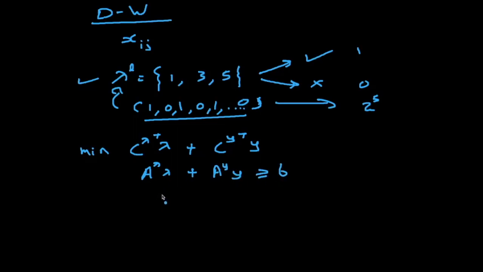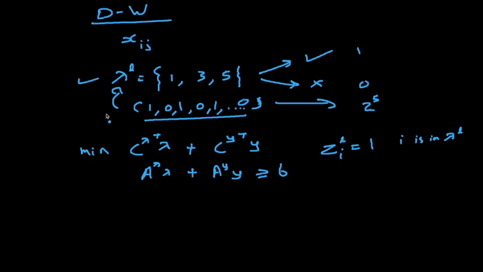Okay, now we need to make sure that every item is selected, right? So let's call another variable z, that is for an item i, and it corresponds to this set lambda. Let's not call it lambda, let's use this index l. Okay, so z_il is equal to 1 if the ith item is in lambda_l, right?